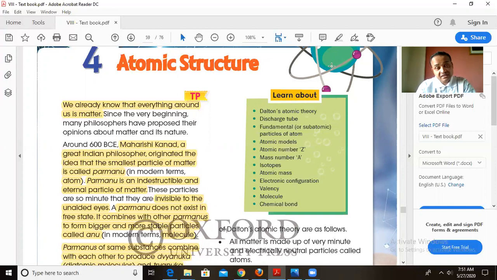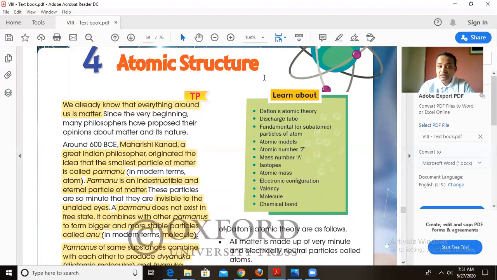How this atom was discovered, which subparticles are present in the atom, and how they were discovered. And what is the role of these particles, proton, electron, and neutrons? All these things we are going to study in this chapter.